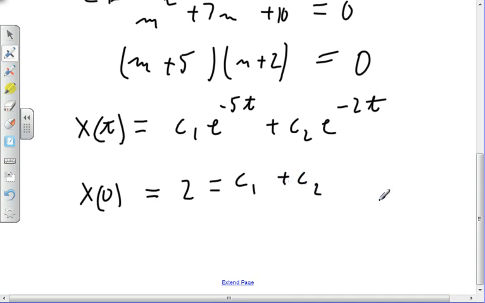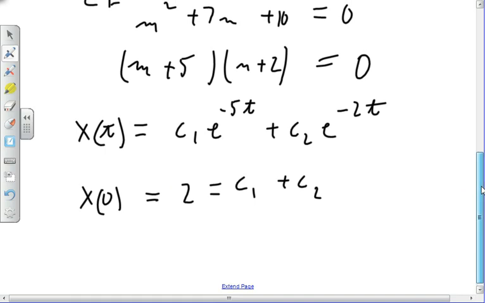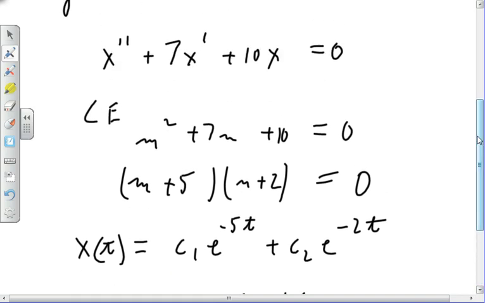All right, now we come back and y is equal to minus x prime.